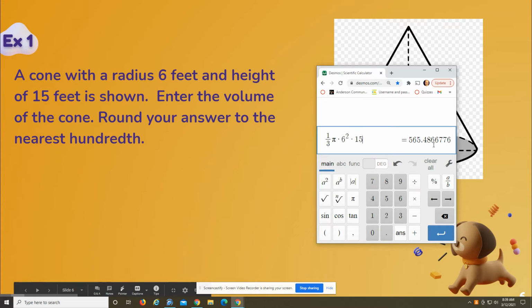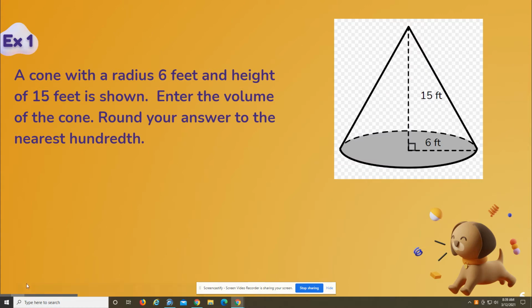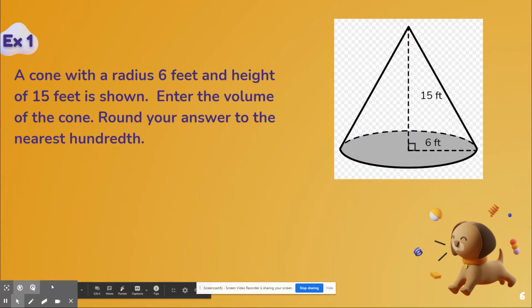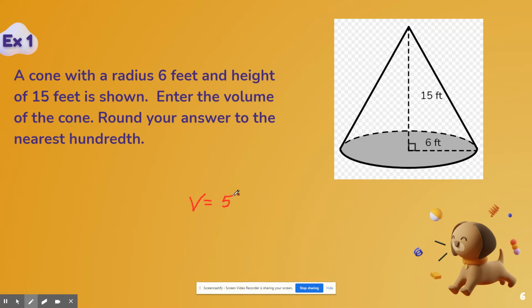So the 6 is going to tell you to change this 8 to a 9. So we would put 565.49. So our volume, after we enter it in, would be 565.49.